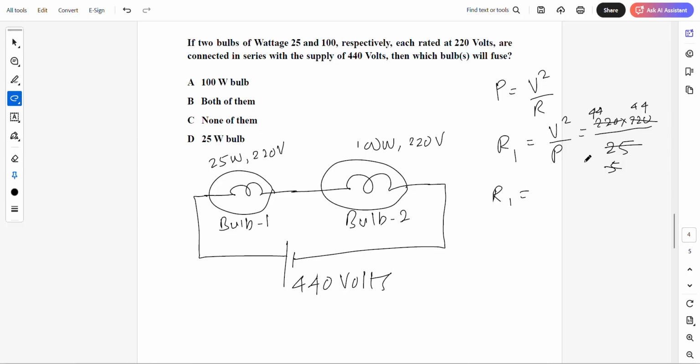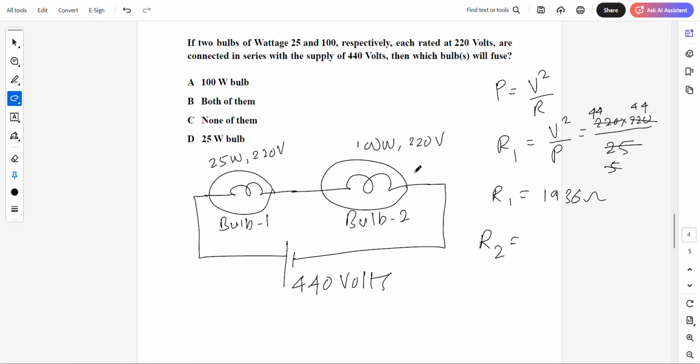How much will 44 into 44 be? 1936. So R1 is 1936 ohms. Similarly, calculate R2.